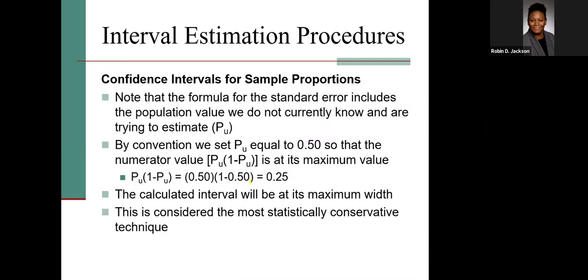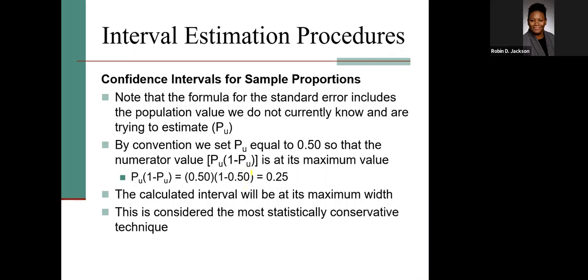Note that the formula for the standard error includes the population value that we don't know and we're trying to estimate. That's part of what we're trying to get to with this type of problem.